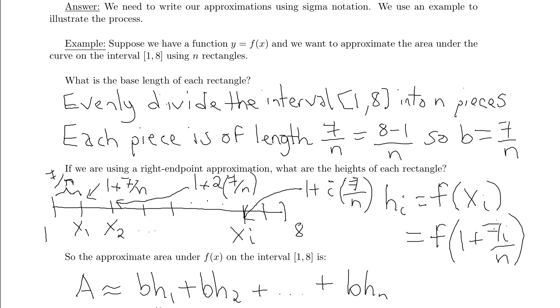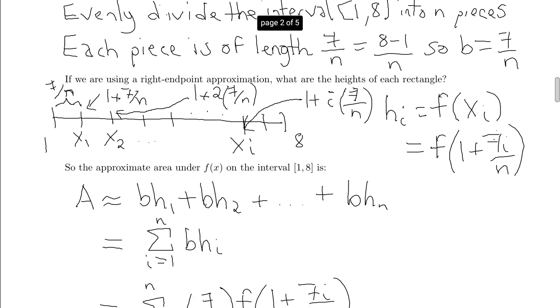The way that we computed this is we took the length of the interval, which was 8 minus 1, and we divided it into n pieces. So with this 8 minus 1, we took the last value in the interval and subtracted the first value in the interval. That's how you can determine the length of the interval. And then we divide it by n because we're using n rectangles, so we're chopping our interval into n equal pieces.